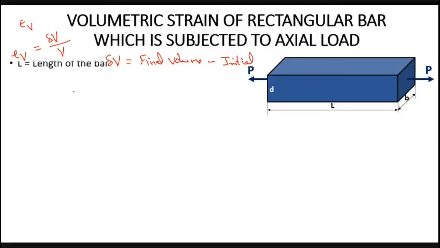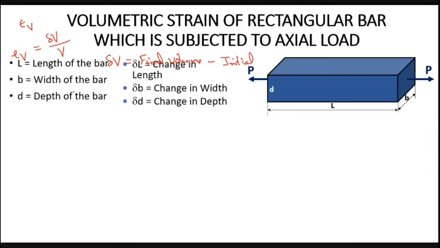Now let us identify. Let me call L the length, B the width, and D the depth. Similarly, del L is the change in length, del B the change in width, and del D the change in depth. Now the original volume is length into breadth into depth, so L into B into D. What is my final volume?